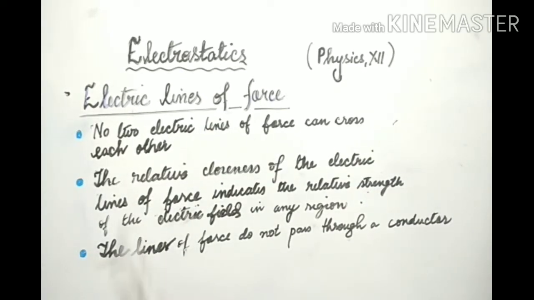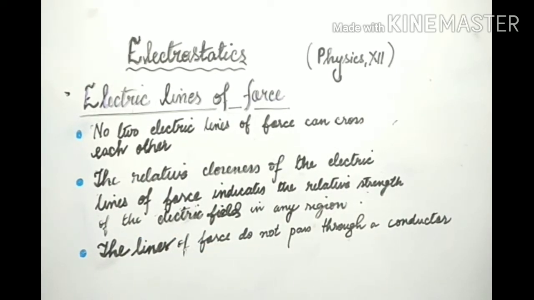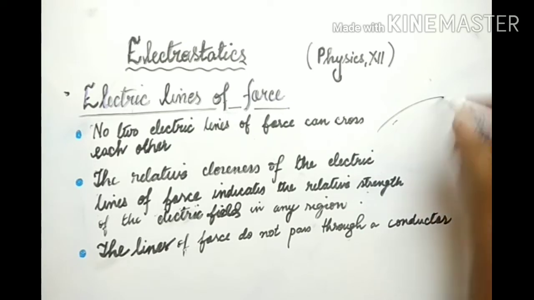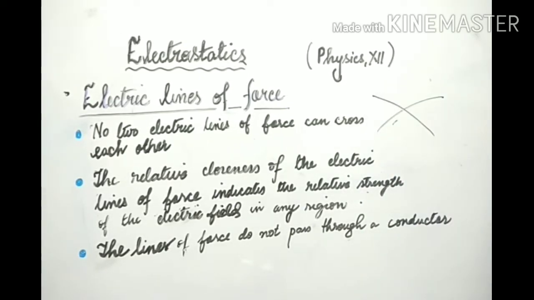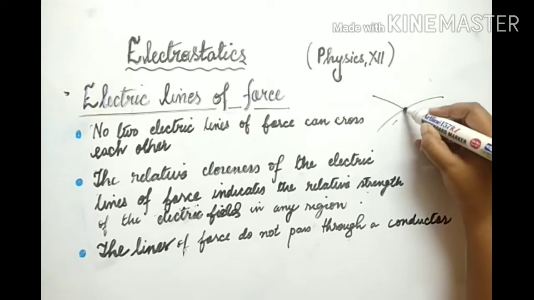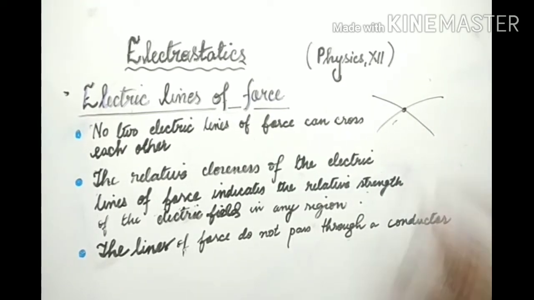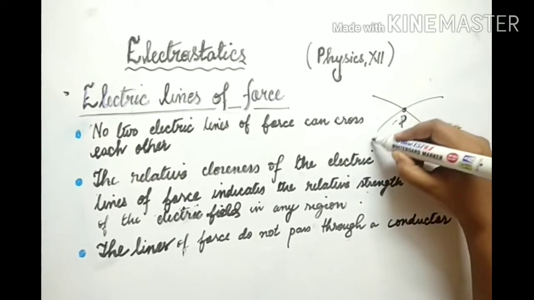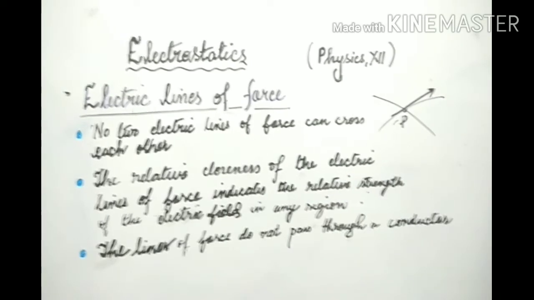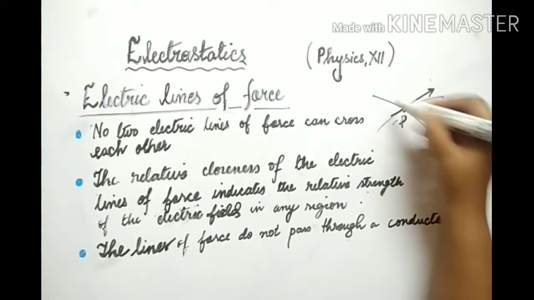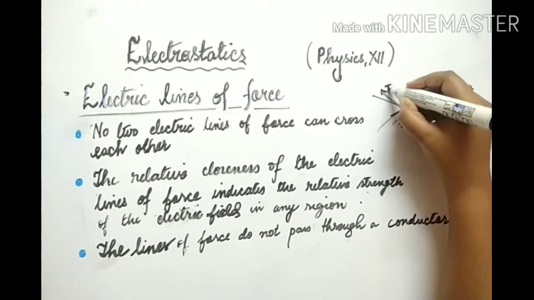The fourth point says that no two electric lines of force can cross each other. What does it mean? Suppose you have this line of force and suppose you have this line of force. Now you want to find out the electric field at this point. The electric field at this point due to this line of force will be along this direction, and the electric field due to this line of force will be along this direction.